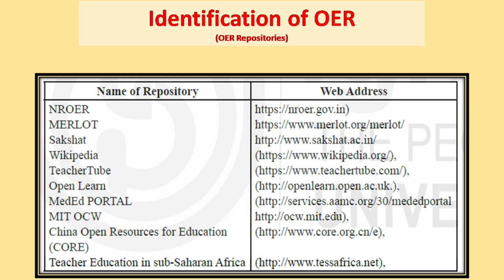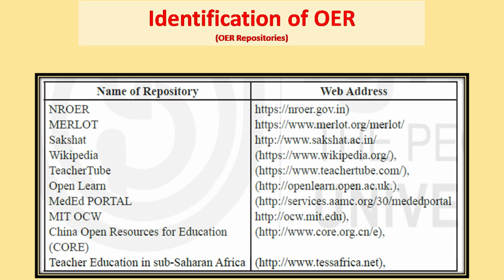Of course, this is developed by the NCERT. If you visit this NROER, you will find many digital resources which are in audio form, video form, text form. So if you are a teacher, you can make use of those resources in your teaching learning processes.